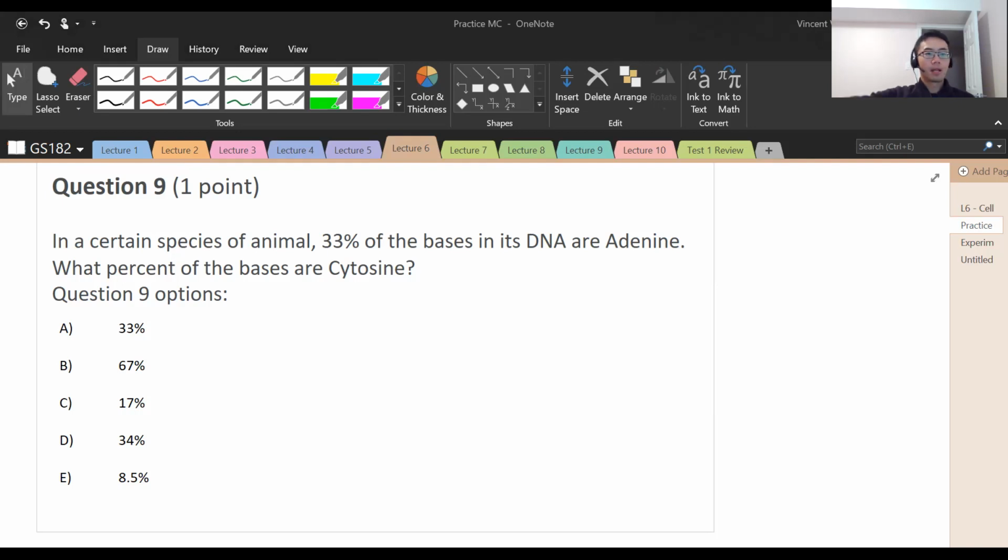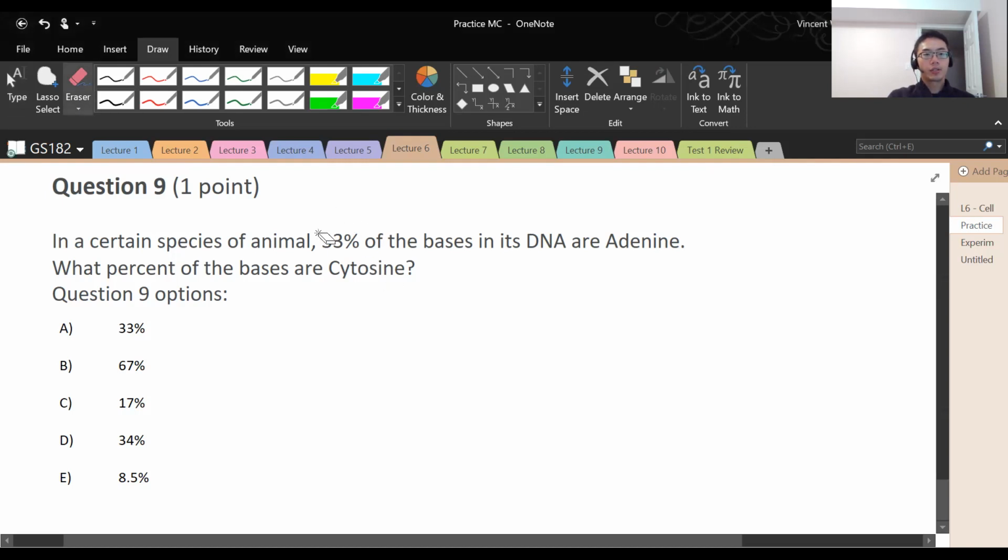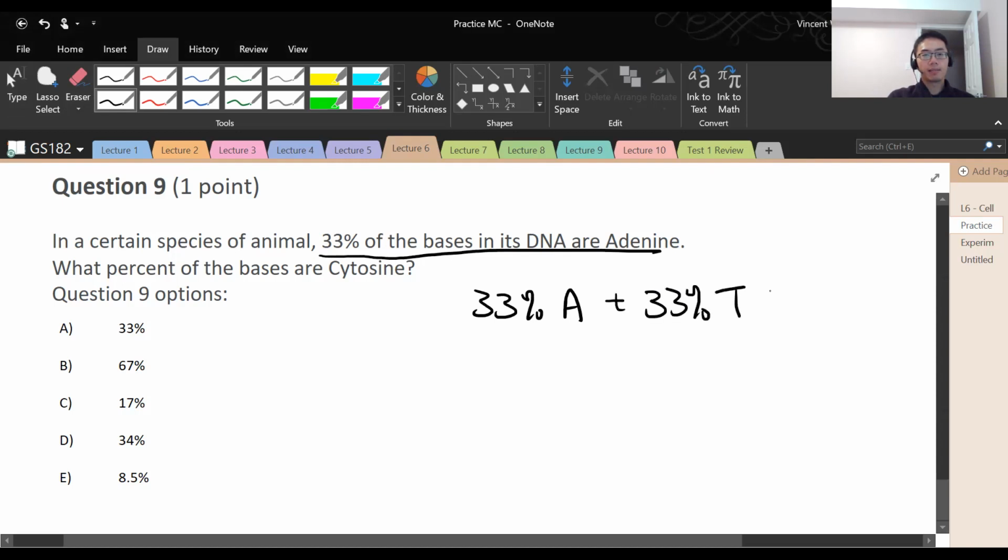Okay. Most of you got it right. So this is 33% adenine. So 33% A, which means we're going to have 33% T. We add these together, you get 66%, right? 33 plus 33 is 66.